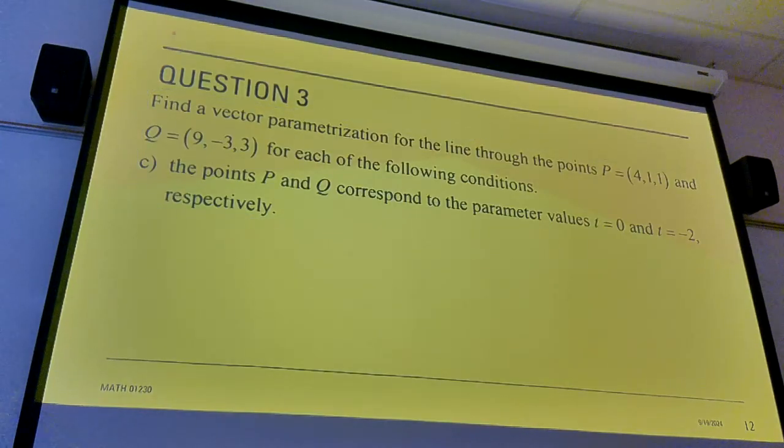And so P and Q correspond to the values t equals 0 and t equals negative 2 respectively.